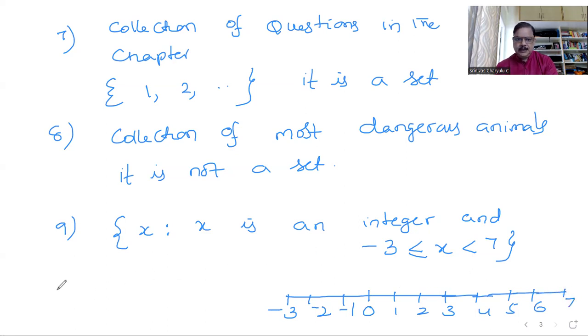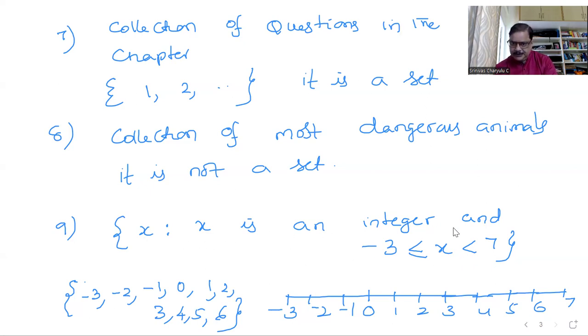But you see here, our set will become: -3 will be there, -2 should be there, -1 should be there, 0 should be there, 1, 2, 3, 4, 5, 6. These are the elements. I cannot write 7 because they have not given the symbol here. So this is set builder notation and you have converted that into roster notation. Okay. Next one.